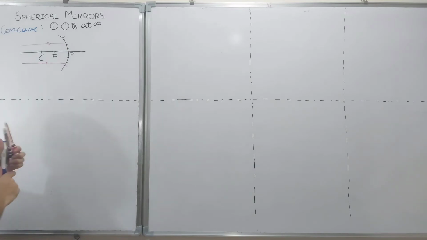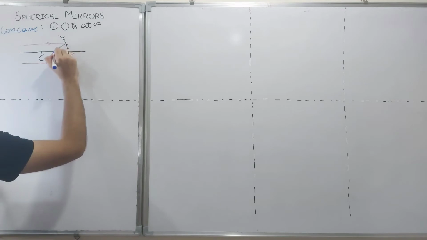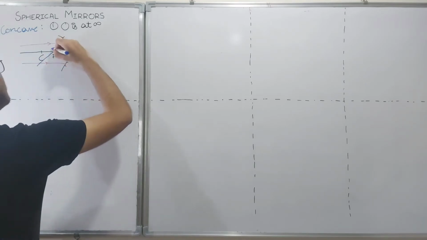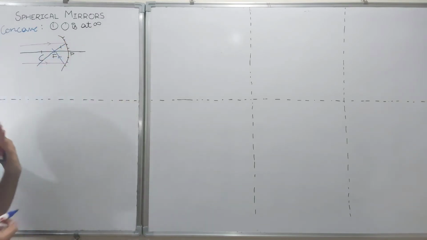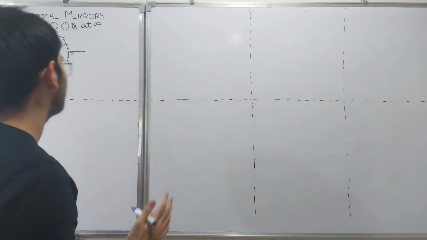Let me mark it with a different pen. The reflected ray of light will be something like this, and from here also something like this, because the ray of light passing parallel to the principal axis will always pass through the focus. Just remember this point.